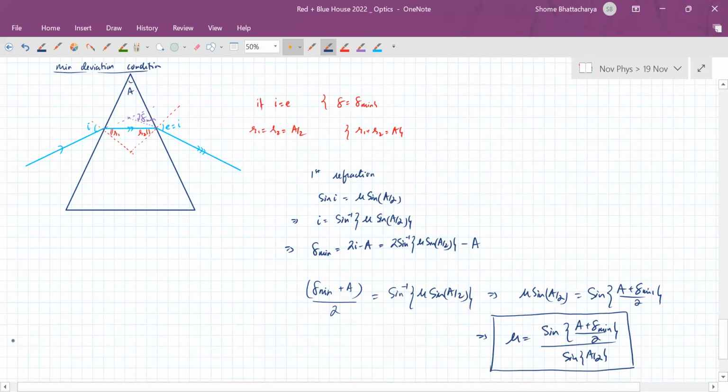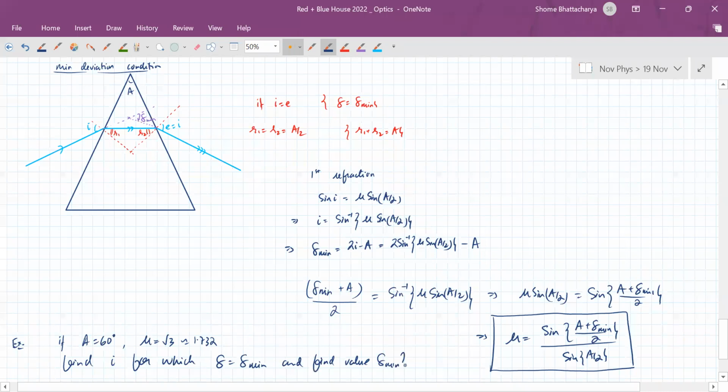So let's absorb this information with a simple example. If the angle of the prism is this time 60 degrees and the refractive index of the prism is again √3 or 1.732, then find the angle of incidence for which the deviation is the minimum deviation, and find the value of this minimum deviation.